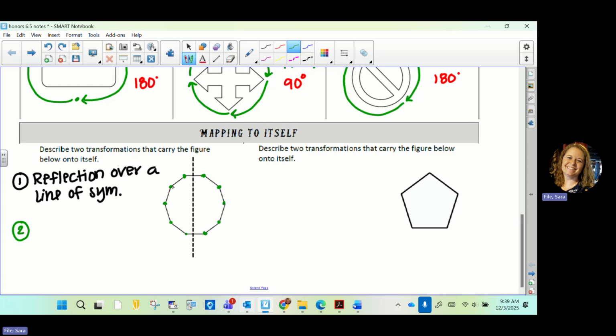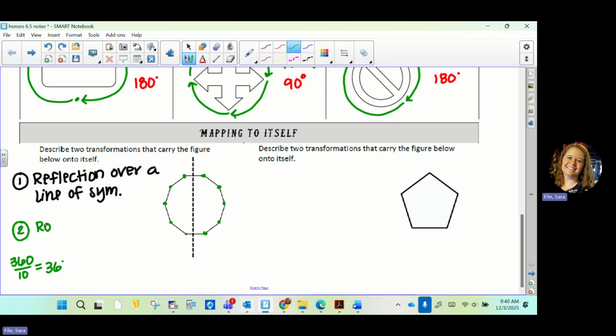So this is a decagon, and it appears to be regular, meaning they're all equal. So I do 360 divided by 10. So I could rotate this any multiple of 36 degrees, and it should be the same image.